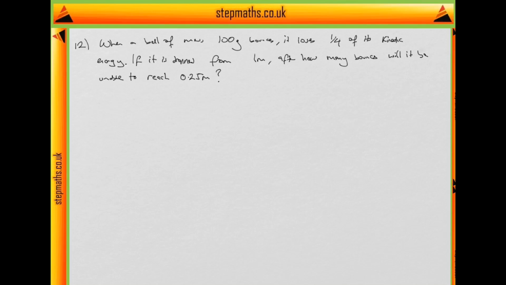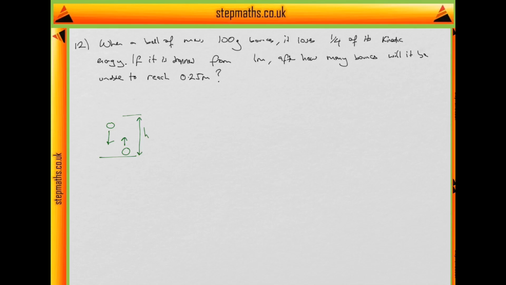height of 0.25 metres? Okay, so what we ask ourselves is, how much energy must this ball have to reach 0.25 metres? So we have some ball falling and rebounding, and it's going to reach some height h after each bounce. So we want h to be equal to 0.25 meters.